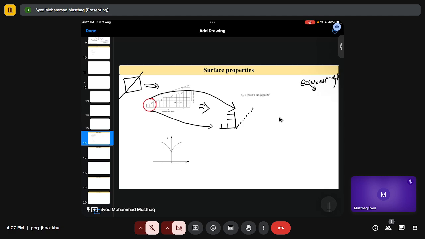It's not just a simple side, it's in three dimensions, right? So in horizontal, I have lost a few bonds. In vertical also, I have lost a few bonds. And in the third z-axis also I have lost a few bonds. So now how do I calculate this? For simplicity, let's remove this part here.